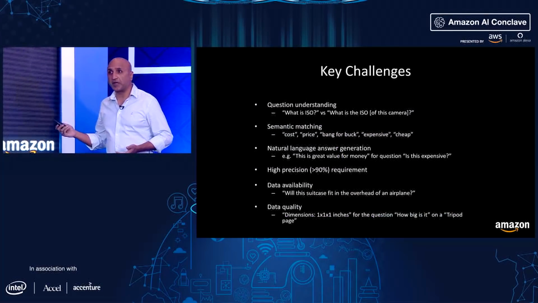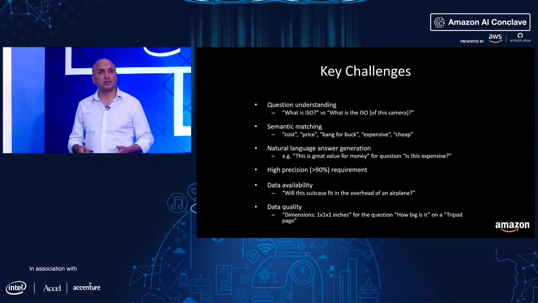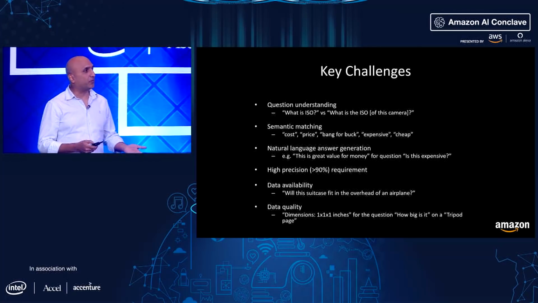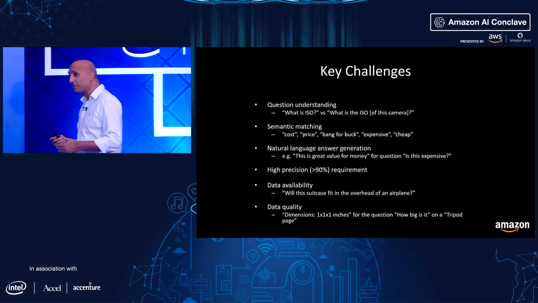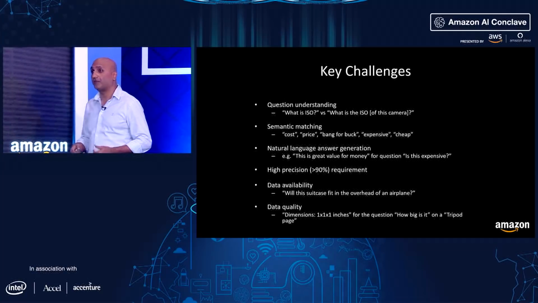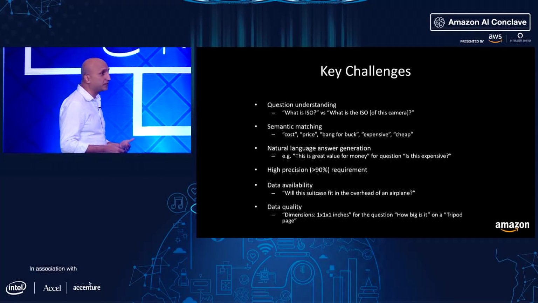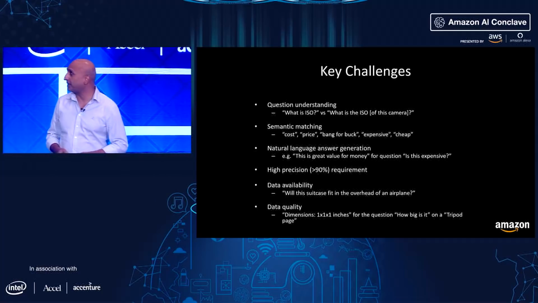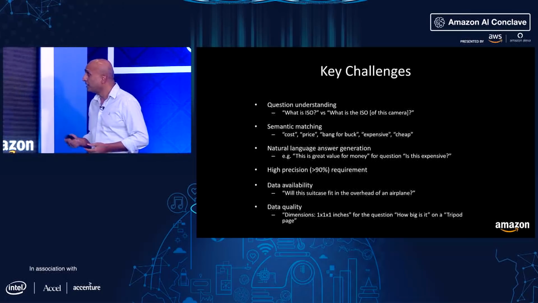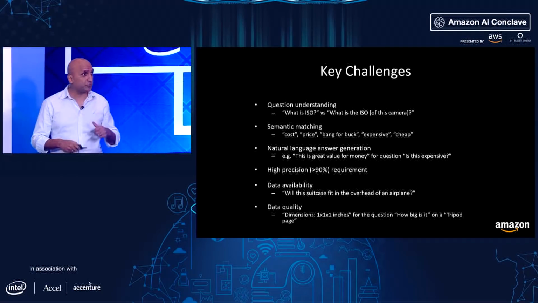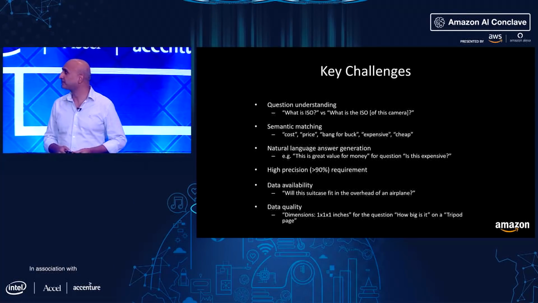And there are a number of challenges. I'm not going to go through all of them, but in general, understanding the semantics of questions. A question like what is ISO refers to the definition of ISO, but if the customer asked a question, what is the ISO, just adding the word the changes the meaning of this question completely, and it's more about what is the ISO value of the camera. As I mentioned earlier, we need to perform semantic matching between questions and snippets.